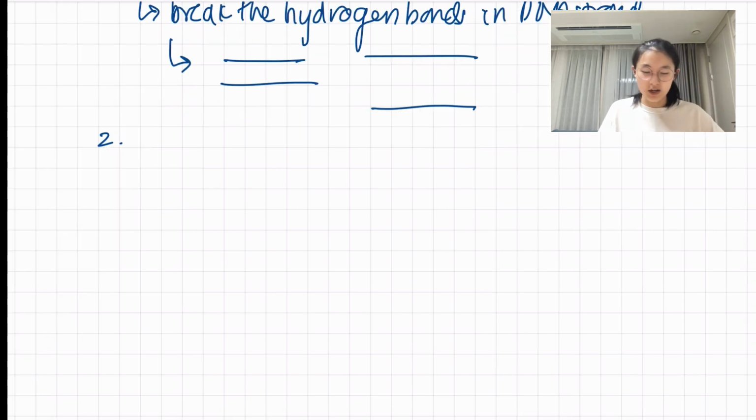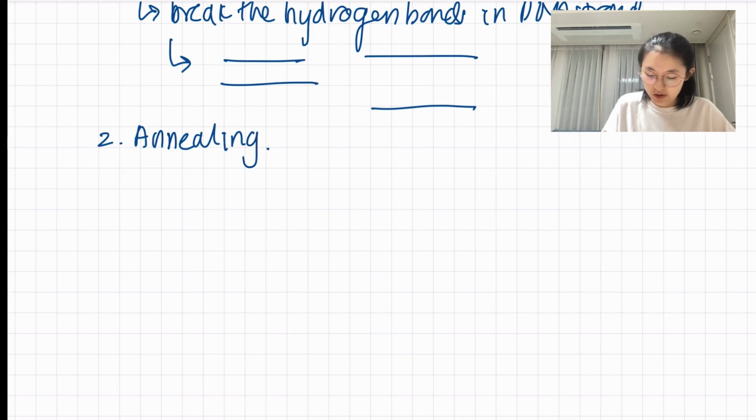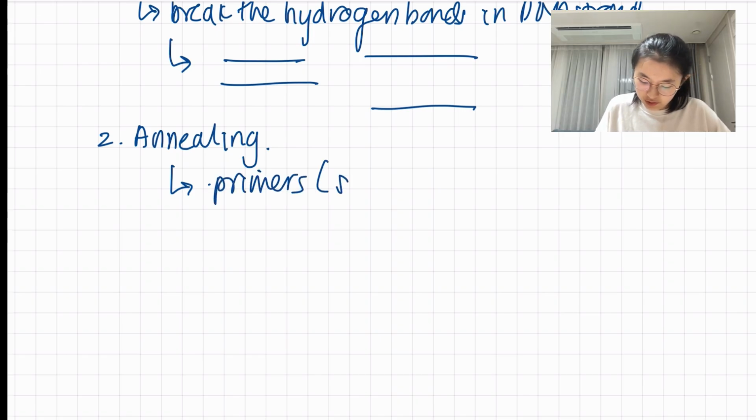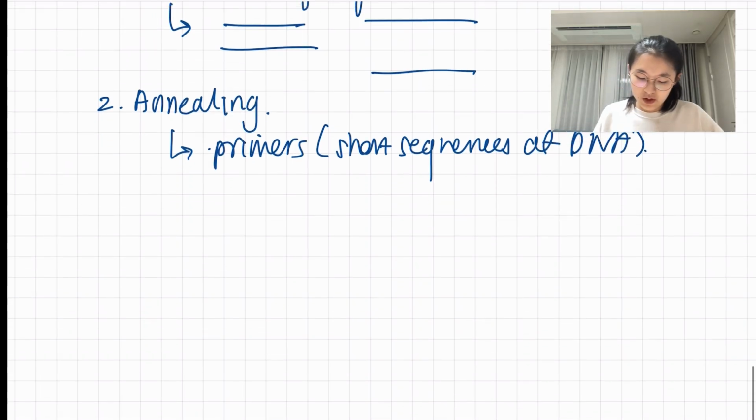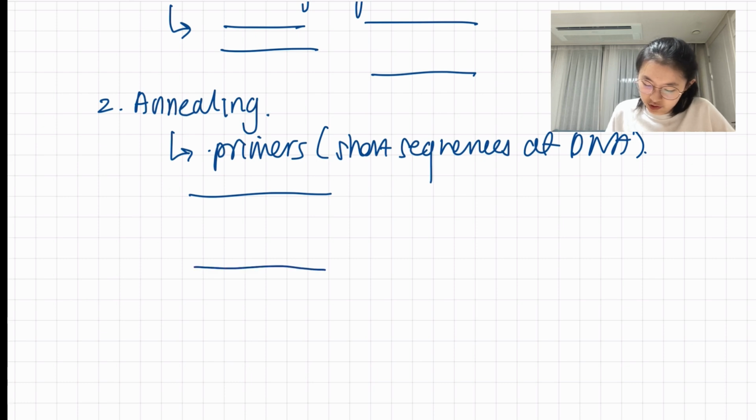Now, next is this process of annealing. What happens in this process is we essentially attach or bond these primers, which are short sequences of DNA, to each separated strand. And what it looks like is kind of like this. As I mentioned earlier, primers are essentially just short sequences of DNA, and we're attaching them to the end of each strand.